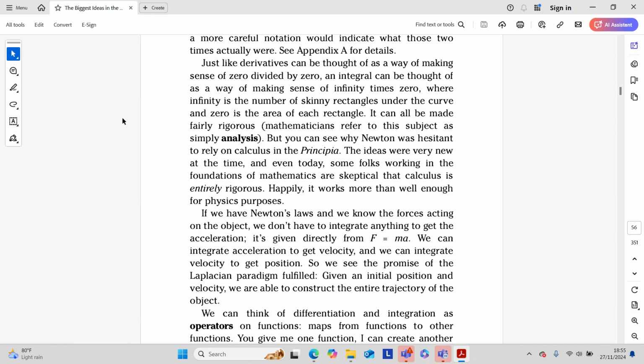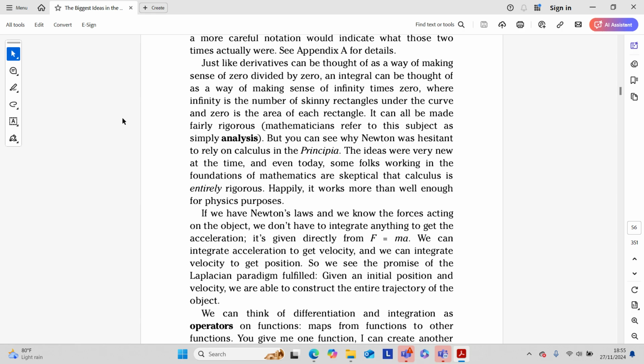Mathematicians refer to the subject as simply analysis, but you can see why Newton was hesitant to rely on calculus in the Principia. The ideas were very new at the time, and even today some folks working in the foundations of mathematics are skeptical that calculus is entirely rigorous. Happily, it works more than well enough for physics purposes.